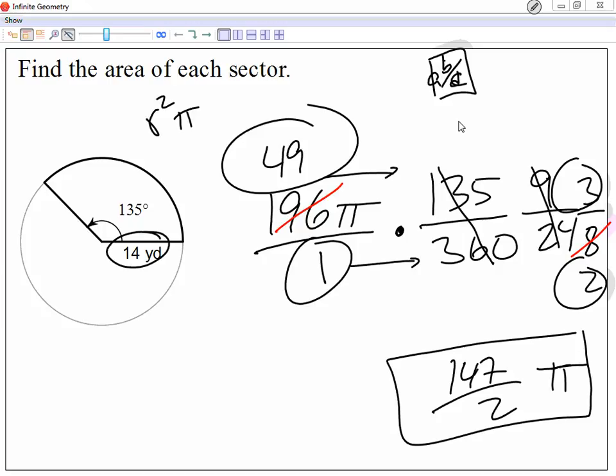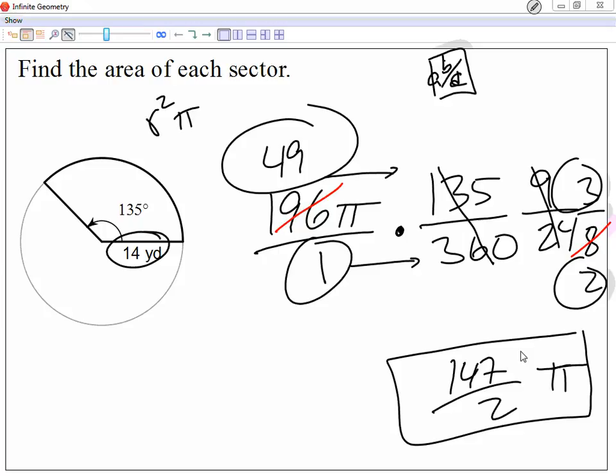If you have one of those, I can teach you how to use it. That way the calculator multiplies and simplifies. If you don't have one, then you have to simplify it on your own.